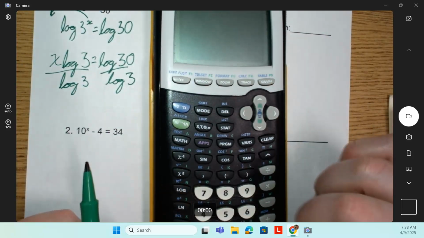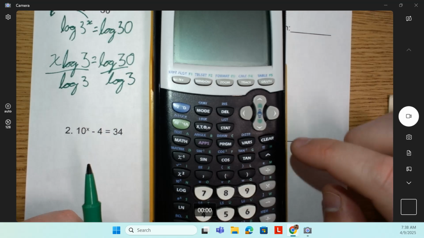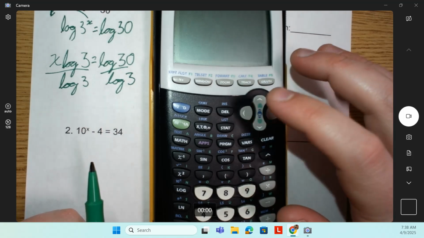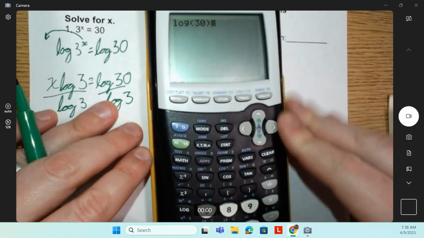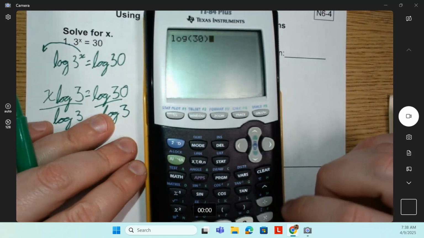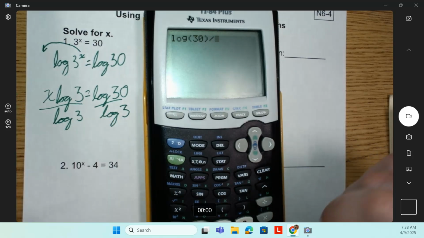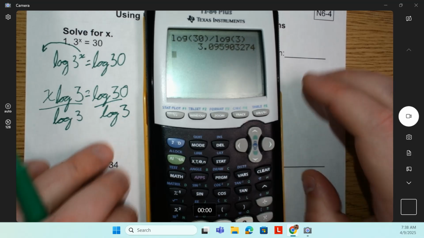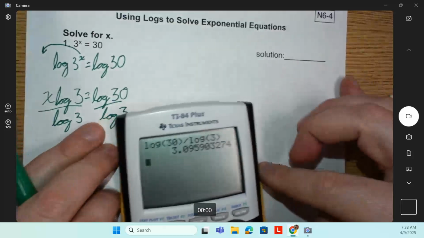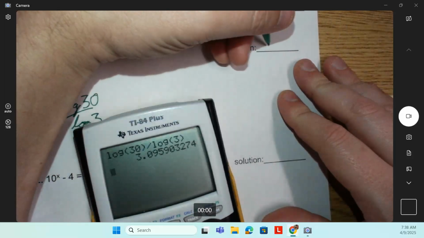So log of 30. Just to make a note here, if you use the division symbol, you have to close the parentheses. So log of 30 divided by log of 3, we get 3.0959, so 3.096.